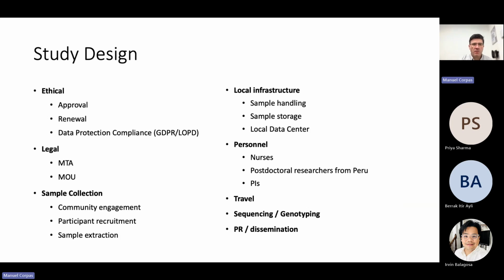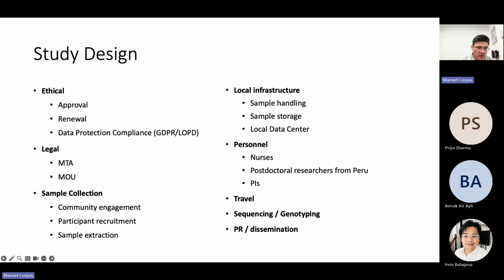So what are the components within the study design? We will have to think about the ethical approval, about the protection and compliance of the data and material. In terms of legal, we will need to think about the material transfer agreement and having a memorandum of understanding.